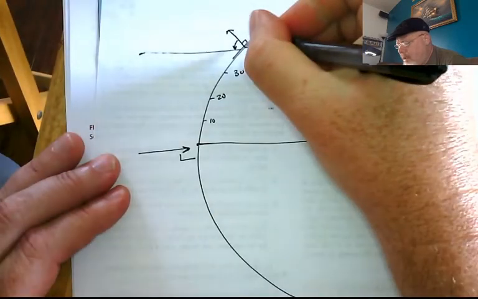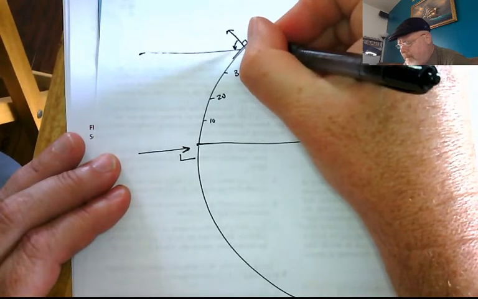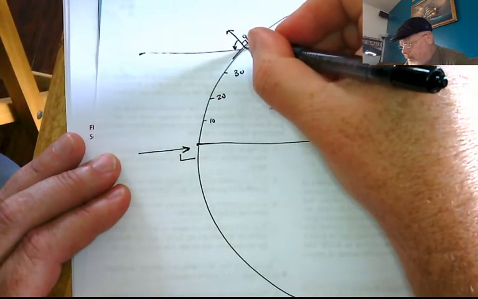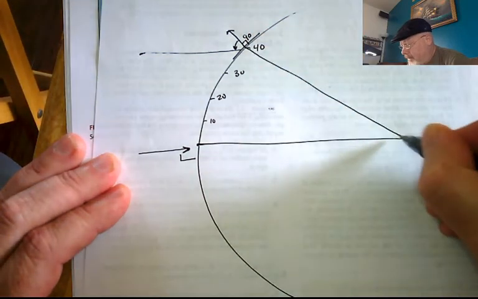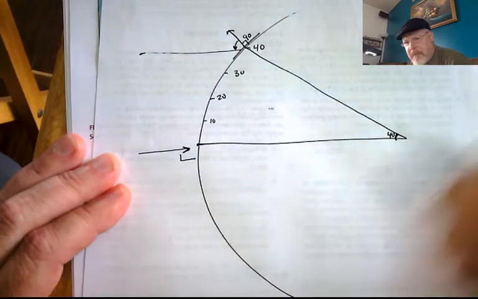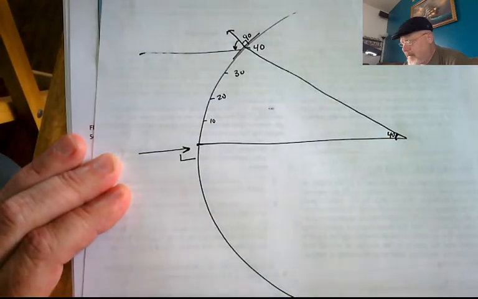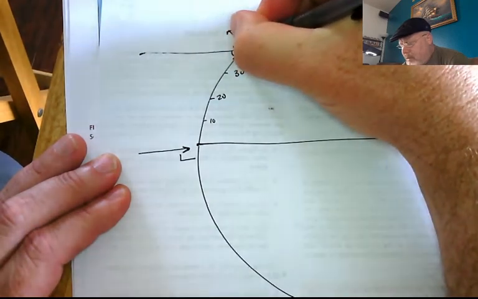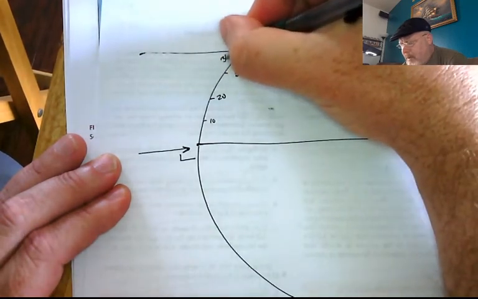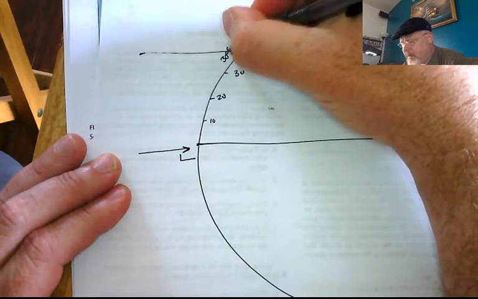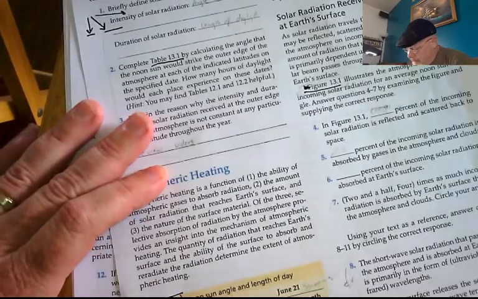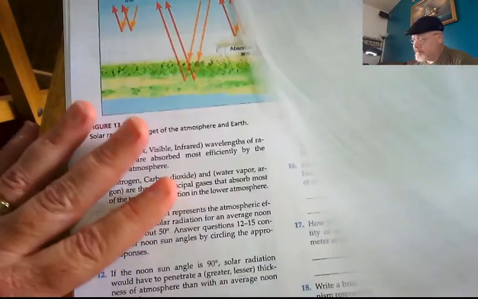So what angle are you looking at the sun? Well, if this is 90 degrees and you're 40 degrees north, which is 40 degrees angle from the center of the Earth, that means it would be 90 minus 40. Sorry, I did that wrong.